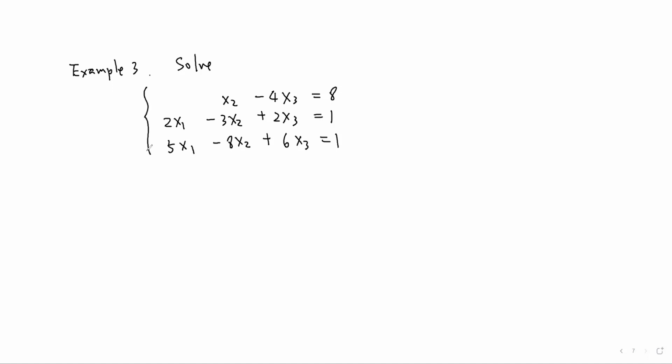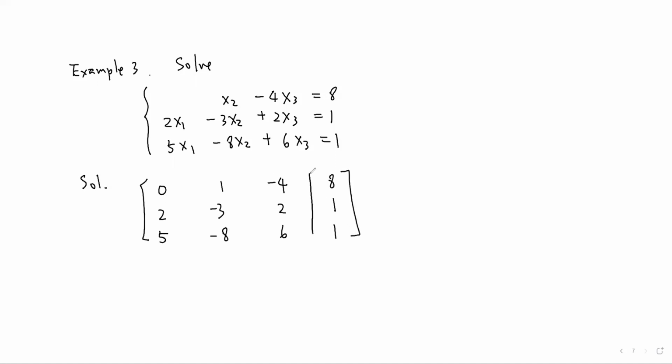Now this time, this new linear system has a solution. Again, let me work on the augmented matrix of the linear system. 0, 1, -4, 8, 2, -3, 2, 1, 5, -8, 6, 1, the augmented matrix. Coefficient matrix plus the right-hand side, augmented matrix.